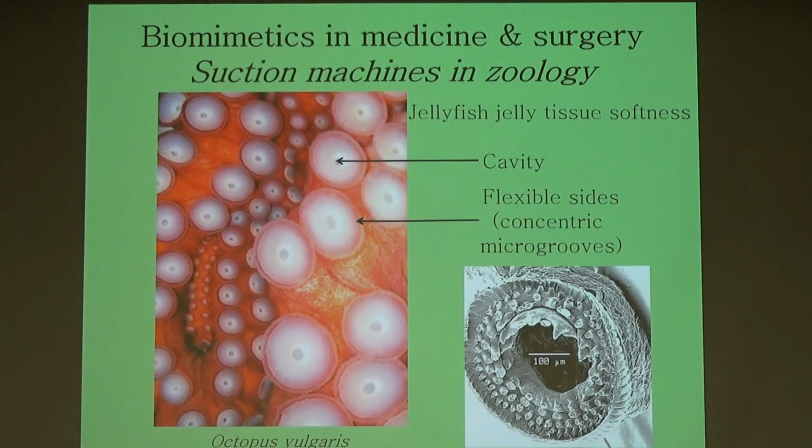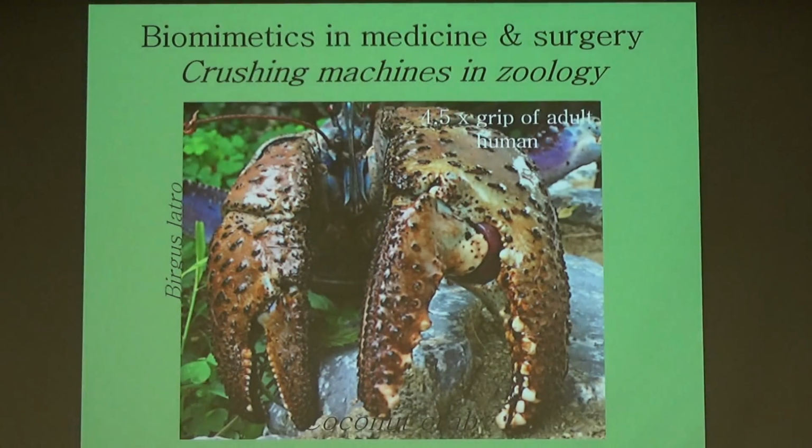There's another one, this is a suction machine from squid, which has a cavity and flexible sides with these concentric microgrooves. So this is a very soft material, and a number of researchers are looking at this suction device for using in surgery, maybe to attach monitoring devices to the skin, for example.